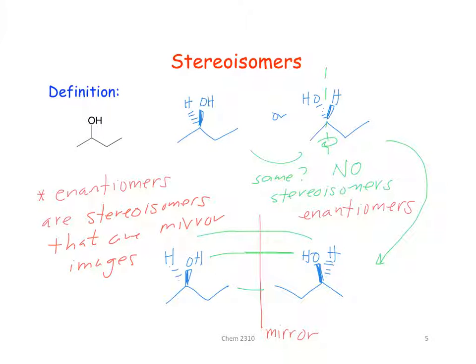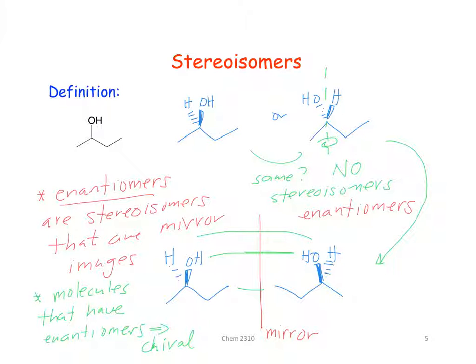And we could also add something here, that molecules that have enantiomers are what we call chiral. Okay, so anything that is different from its mirror image will be chiral.